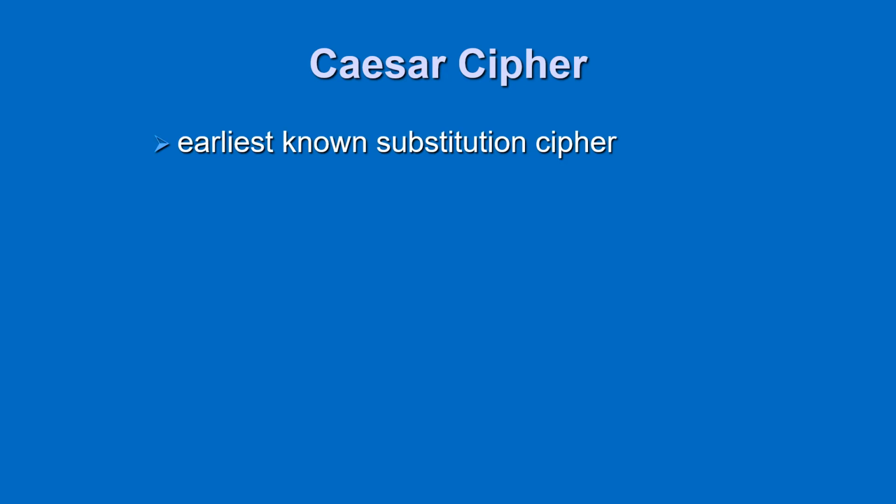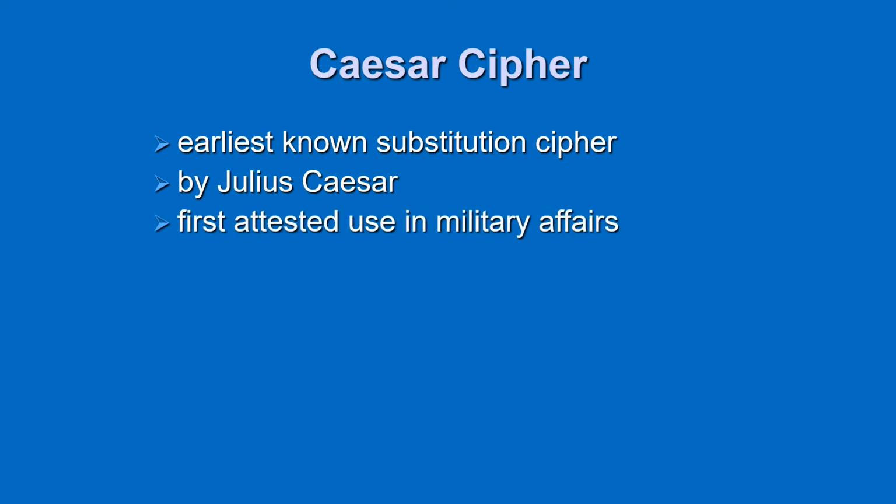The Caesar cipher is a very good example of a substitution cipher, and it was created by Julius Caesar, and he used this in military affairs.